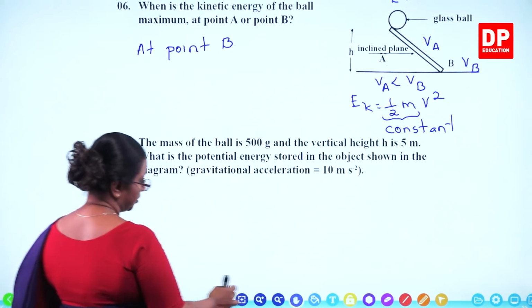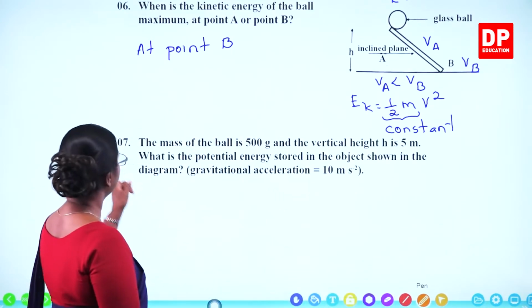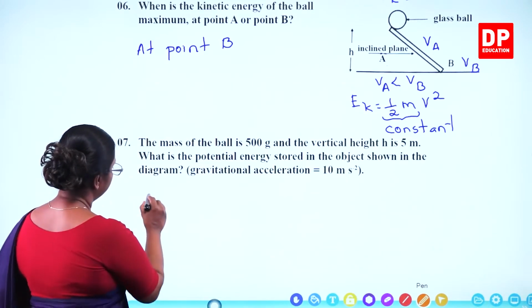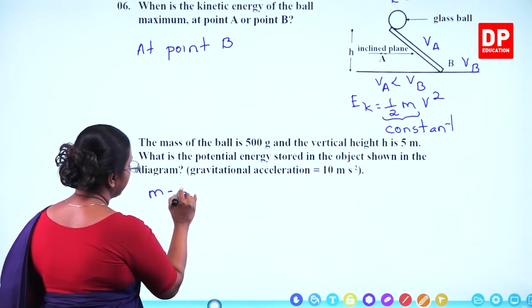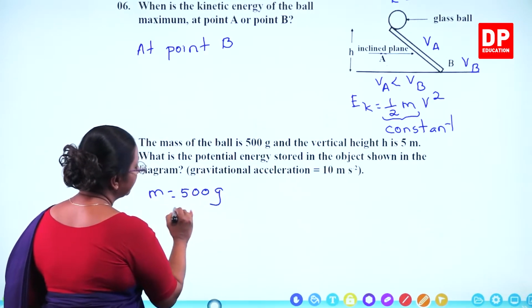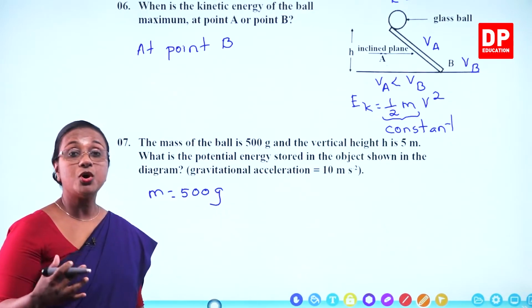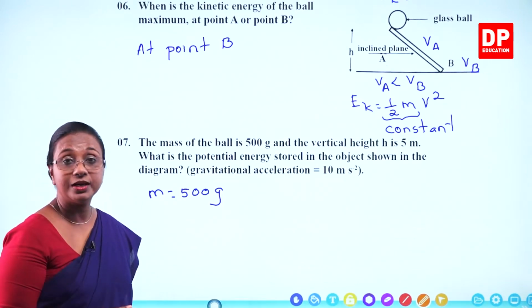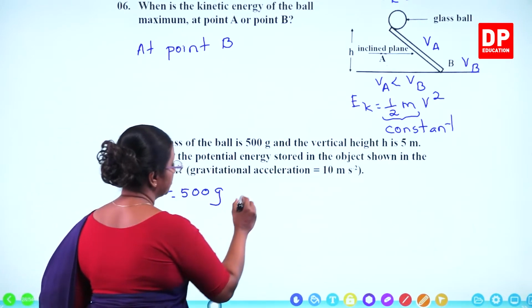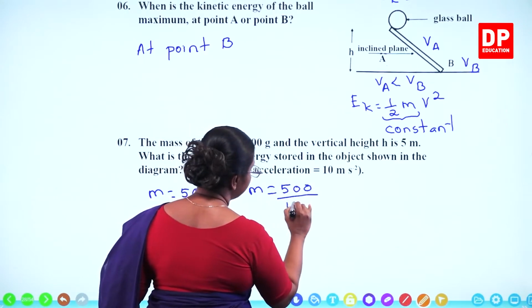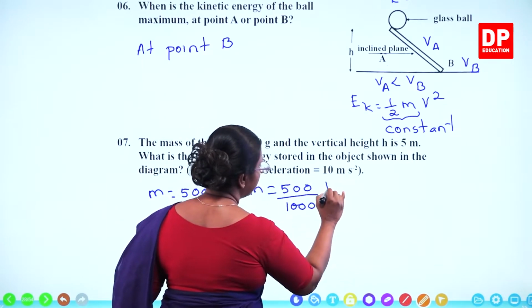Then the next question, next part of the question, part 7. The mass of the ball is 500 grams. So mass is given as 500 grams. Normally you all know, students, when they give it in grams, you all have to use standard units. So we need to convert it to kilograms. So mass is equal to 500 divided by 1000 kilogram.